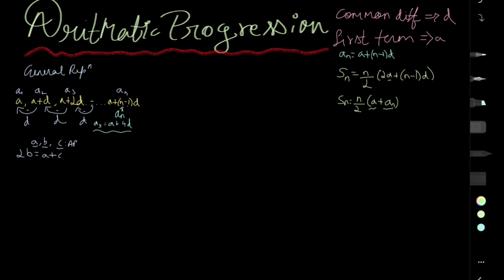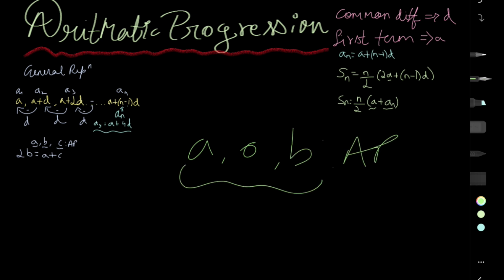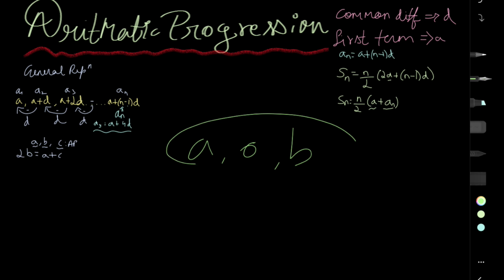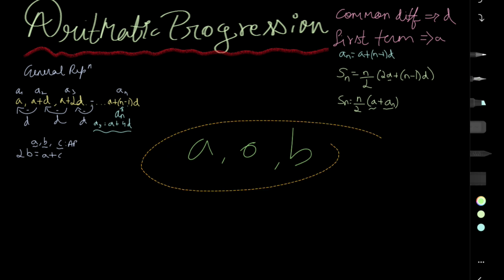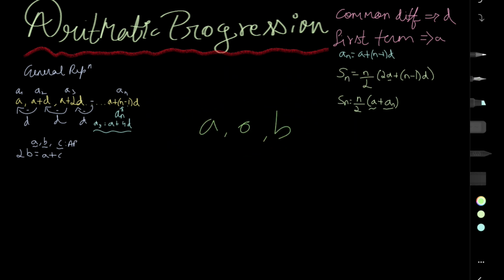If they have given a, b, and c as 3 terms of an AP, and I want to find the first term and common difference, and the numbers are larger so I can't find them by the simple method we used earlier, then I can represent these 3 numbers in the first way.